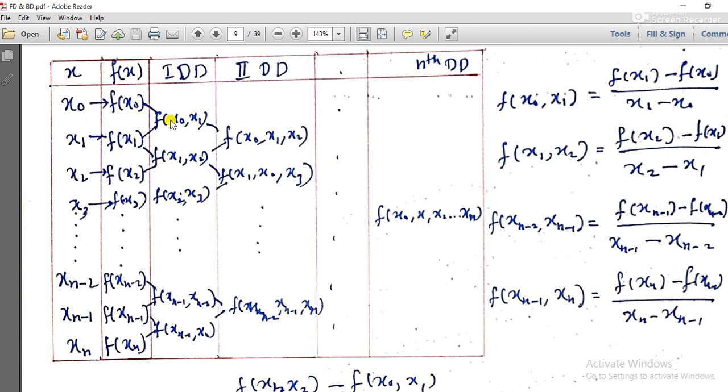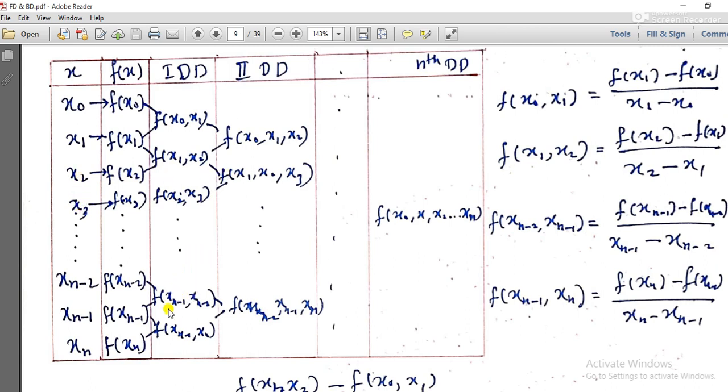This is the first divided difference. The next one is f of x1 comma x2, which is f of x2 minus f of x1 divided by x2 minus x1, and f of x2 comma x3 is f of x3 minus f of x2 divided by x3 minus x2, and so on.